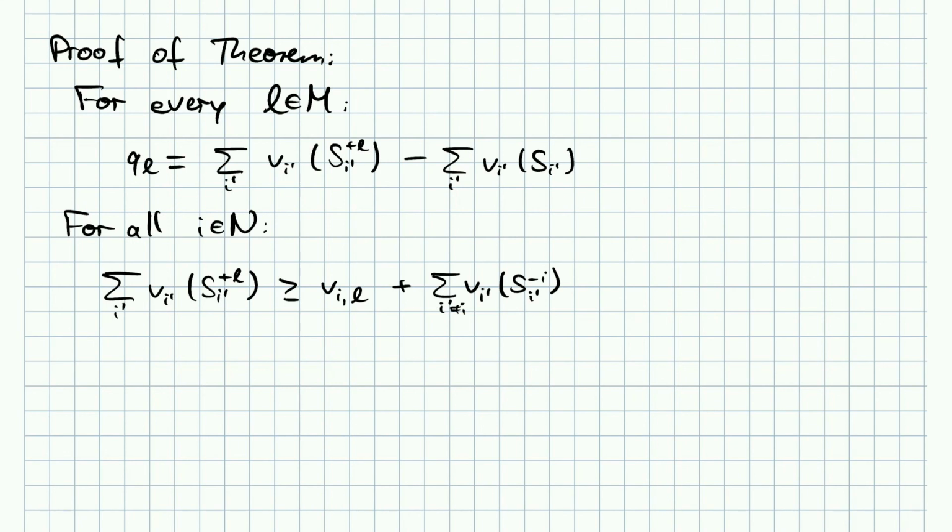And this way, we of course get that QL will be at least VIL plus the social welfare that we're getting from everybody else if we're optimizing without bidder I, minus the social welfare that we're getting overall.